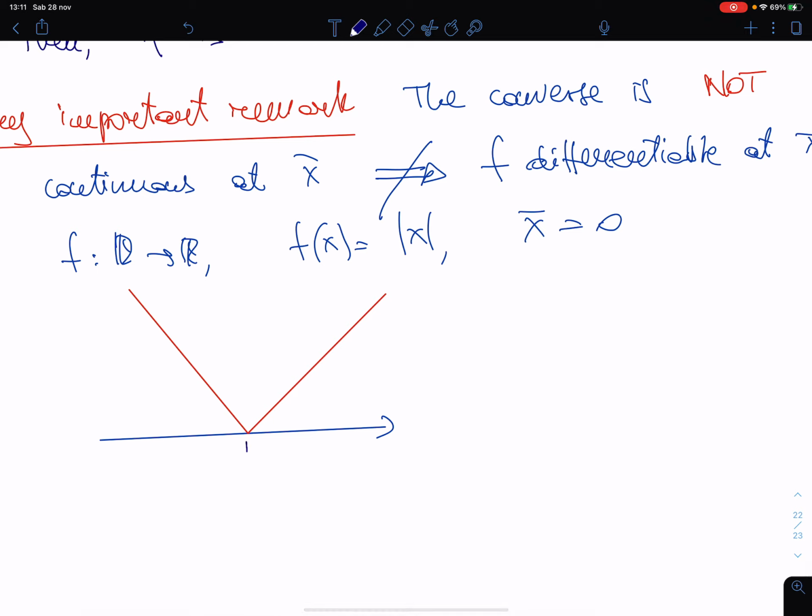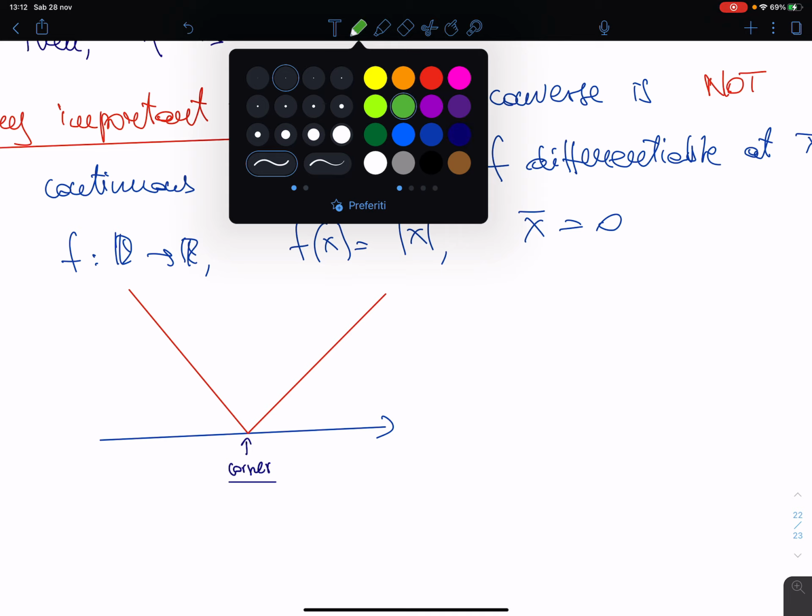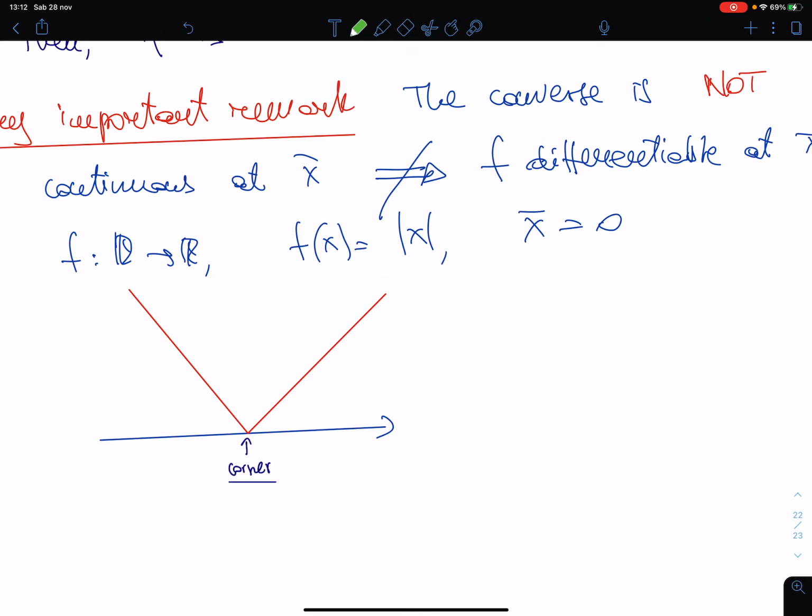And the corner point means that there is no tangent here. You may argue that there are two tangents, but this is not true, because if you come here from the right, the tangent you can suggest is this one. And this is a good tangent at right, but it is not tangent at the left, so x less than 0.